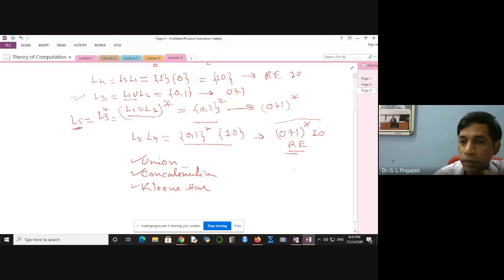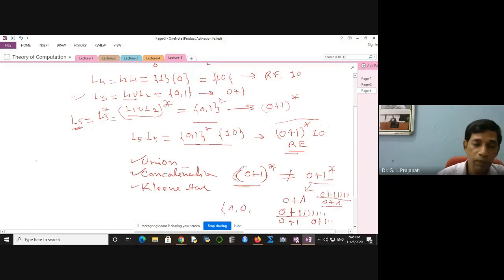So remember here that whenever you are writing 0 plus 1 and then you have the Kleene star, this is not the same as saying 0 plus 1 Kleene star without grouping. So you must have the parentheses, because in this case this set represents different values and this set represents different values.